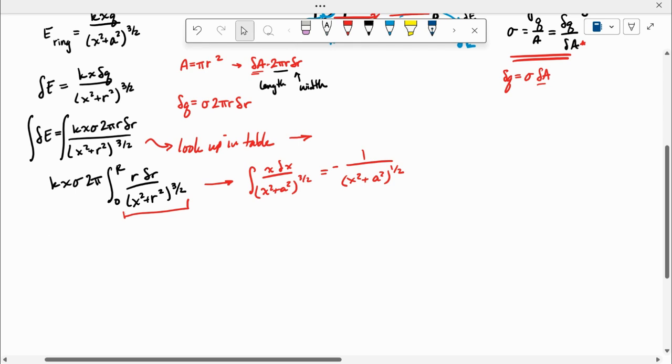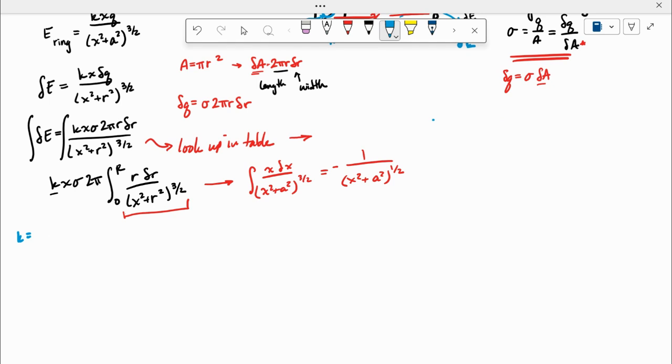I will also be replacing k, because remember, k is equal to 1 over 4 pi epsilon naught, just because you might see that. So this is also 2 pi over 4 pi epsilon naught. That dies, that dies, that dies, that becomes a 2.